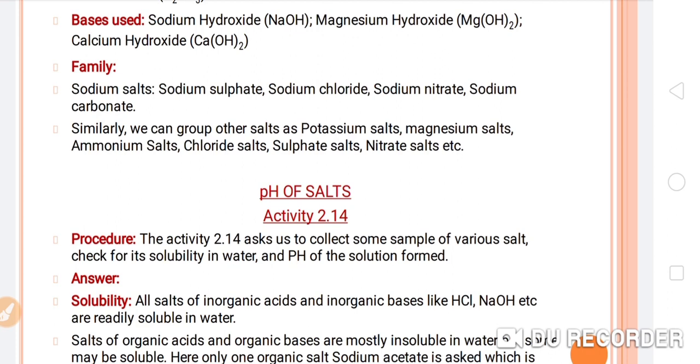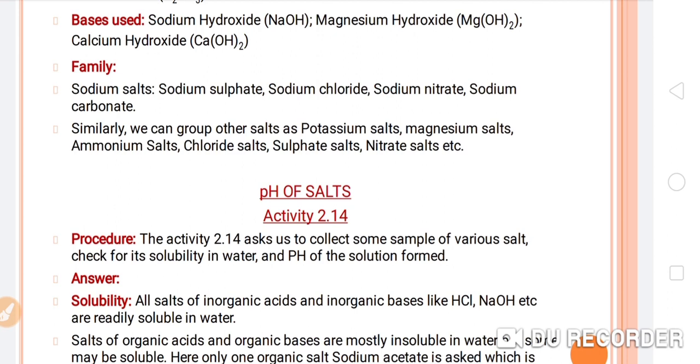Okay, so let's see. First of all, suppose you have to classify the salts on the basis of sodium. Whatever salts you have in which sodium is part of that salt, you can say this salt belongs to the sodium family, like sodium chloride, sodium nitrate, sodium sulfate, sodium carbonate, sodium acetate, sodium oxalate.